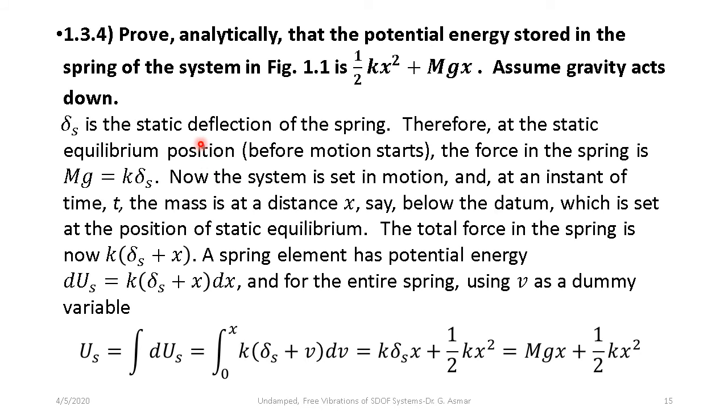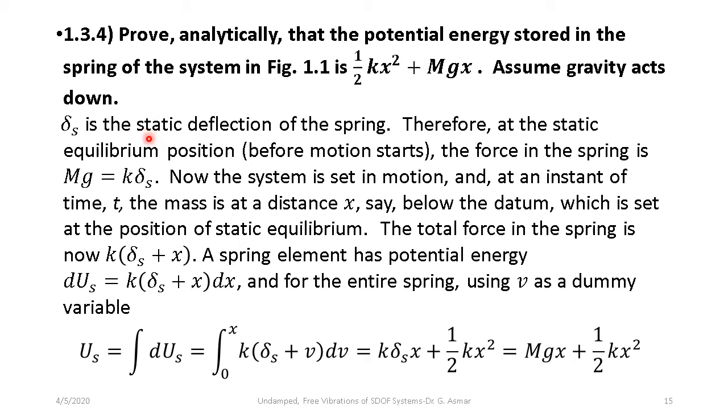Problem 1.3.4: prove analytically that the potential energy stored in the spring of the system in figure 1.1 is 1/2 kx squared plus mgx. Assume gravity acts down. I will let you read the solution. I think it's self-explanatory.